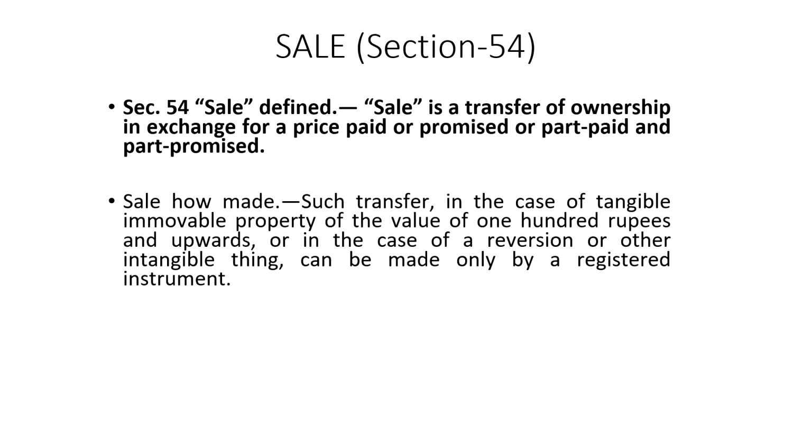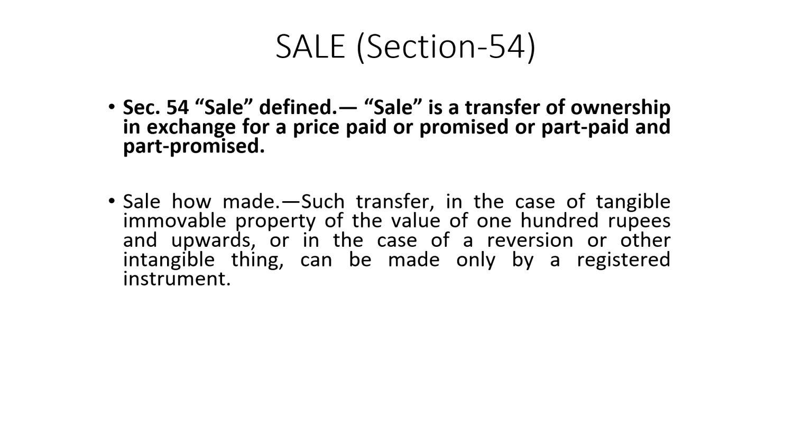Section 54 deals with the definition of sale. According to section 54, sale means a transfer of ownership in exchange for a price paid or promised, or part paid and part promised.